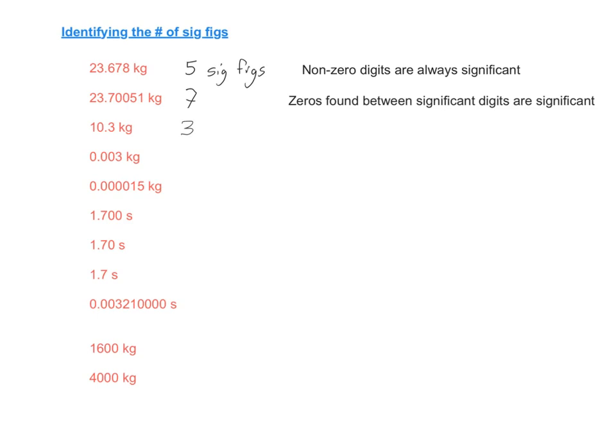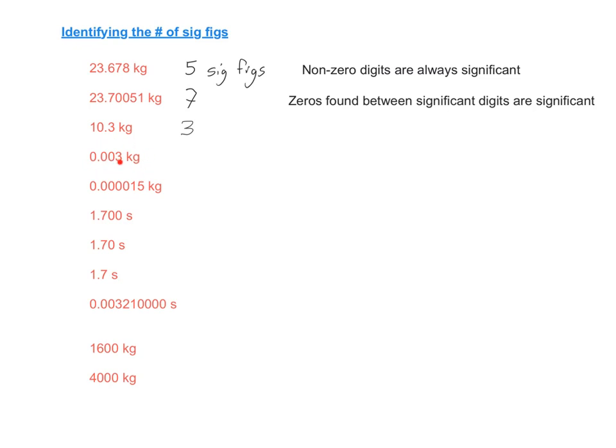On the other hand, sometimes you'll write a number like this, 0.003, or this one, 0.000015, and there's a whole bunch of zeros on the leading edge here. These zeros are not sandwiched in between two non-zero digits, and they are in front or on the left of the first non-zero digit. So therefore, these zeros do not count. If I was totaling up the total number of significant figures in this number, these three zeros don't count.